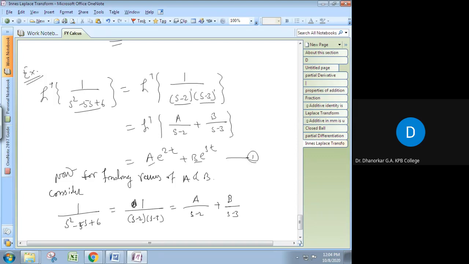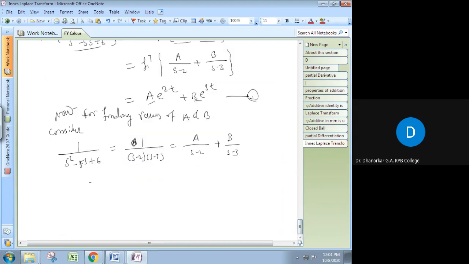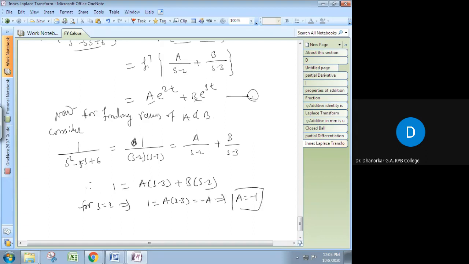Easily you can find these factors. Therefore, 1 is equal to a into (s minus 3) plus b into (s minus 2). Putting s equal to 2, 1 is equal to a into (2 minus 3), which is minus a. From this we get a is equal to minus 1.